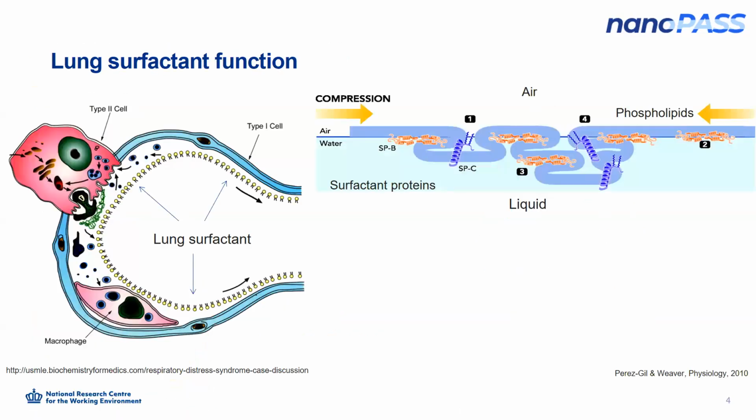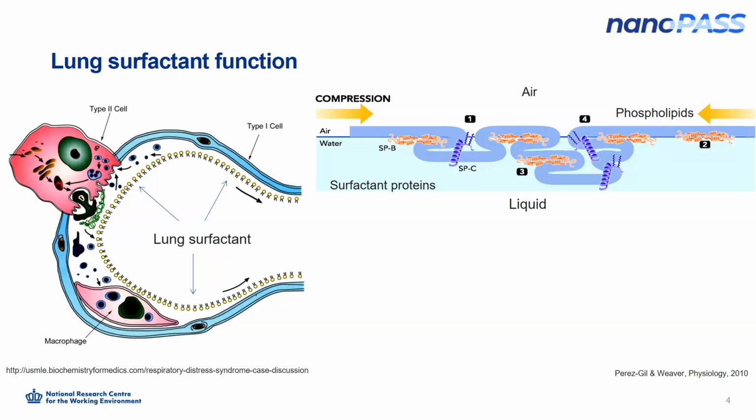As I already said, the alveoli and the surface area of the lungs is constantly changing since we are breathing. What is important here is that we have an air-liquid interface, which is covered by phospholipids that is depicted here in a blue band. So as you are breathing out, the surface area of your lungs becomes smaller, and this pushes the phospholipids into the liquid interface.